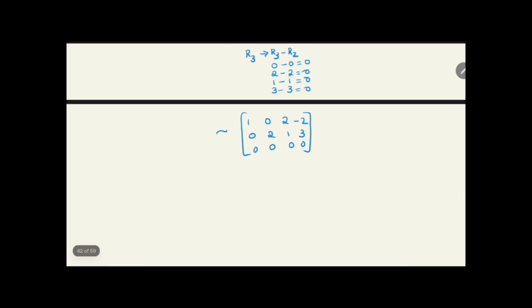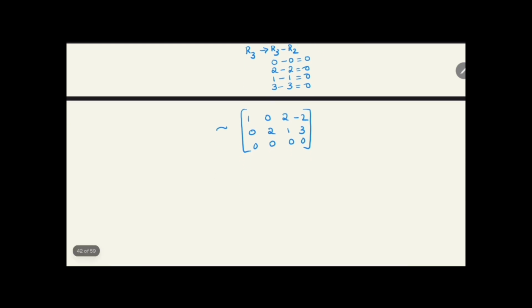Next, now I have to go for step 3, that is I should make these elements 0. This element is already 0, so no need to perform any operation. I have to make these two elements 0 now. For that I should make use of column 1. If I multiply column 1 with 2 and subtract from column 3, then I can make this 0.